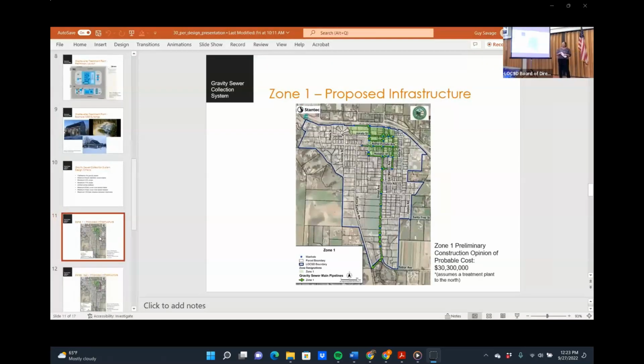So we broke the zones up. Right now, what we were asked to do was to design the entire system and what that would look like if you then broke it down by zones. And so what's shown here is the infrastructure and the backbone that you would need to serve zone 1 if you were going to go forward with all 3 zones, and that was your future plan.